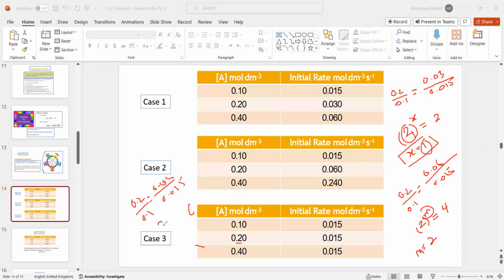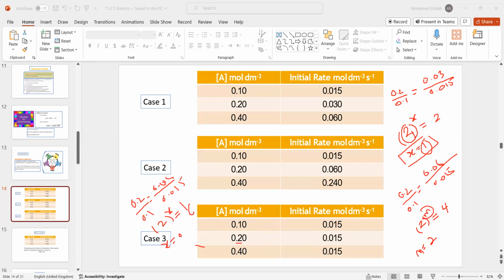Now here you have 2 raised to the power x equals 1. So how can you get the value of 1 here? Basically, this x has to equal 0, because anything raised to the power 0 is 1. And therefore, there is no effect of the change in concentration on the rate of the chemical reaction. If you change the concentration here, the rate will not be affected.